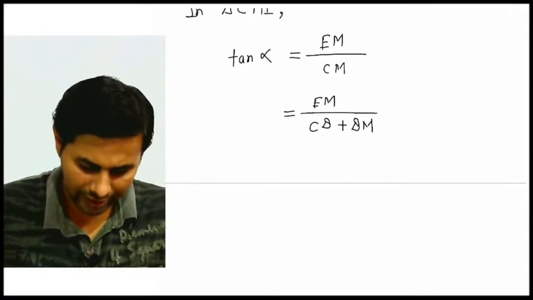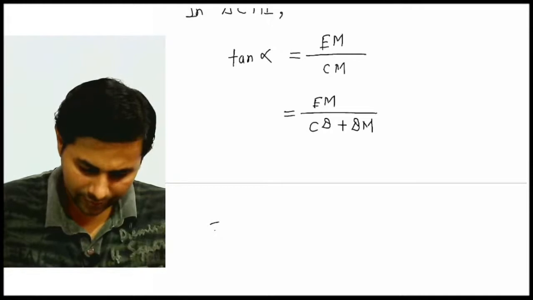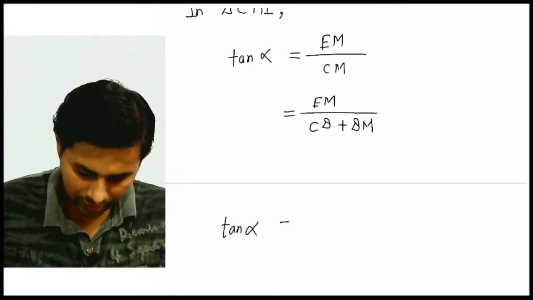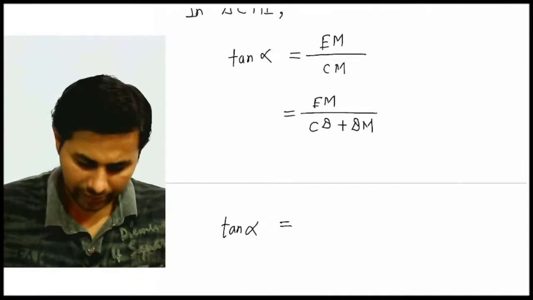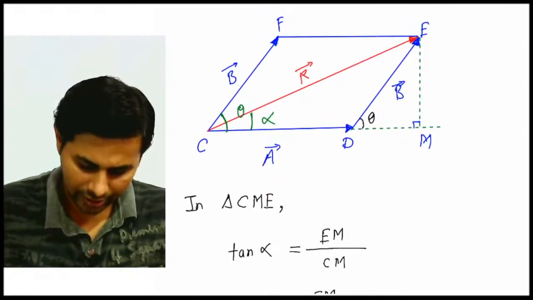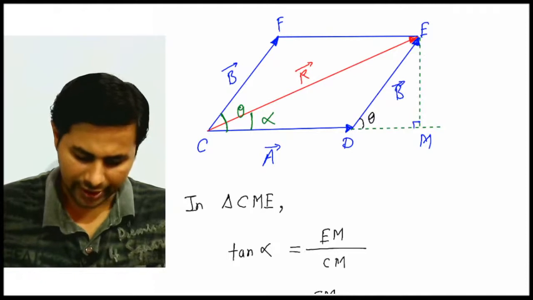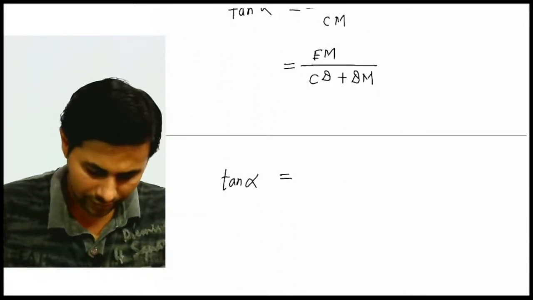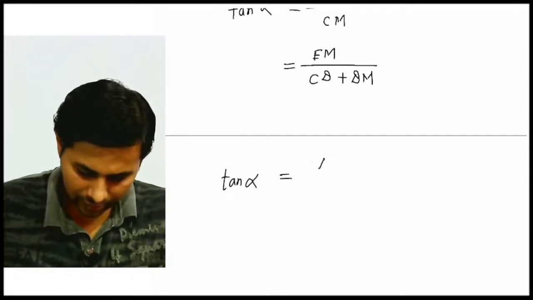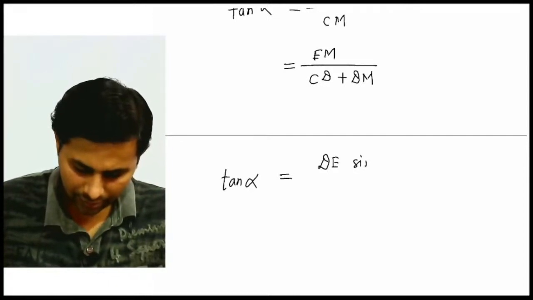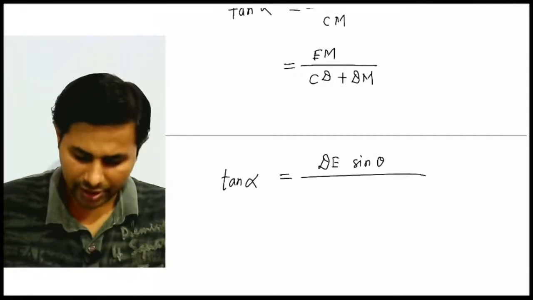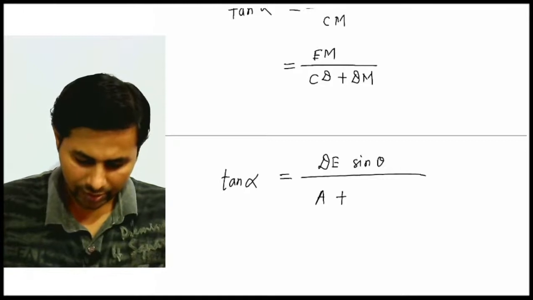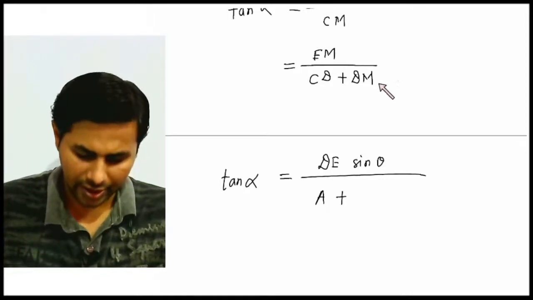So we get tan of alpha equals EM, which is d sine theta, divided by CD, which is the magnitude of a bar, so a, plus d cos of theta.